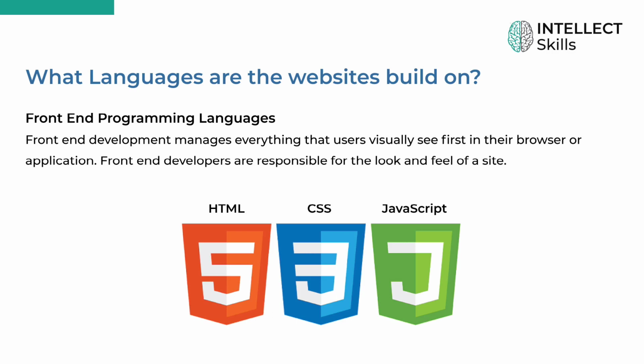Front-end developers are responsible for the look and feel of a site. So, everything that you visually see on your browsers is developed by front-end developers. So what languages are used in front-end development? The first is HTML, CSS, and JavaScript. We will discuss this in detail during our tutorial.